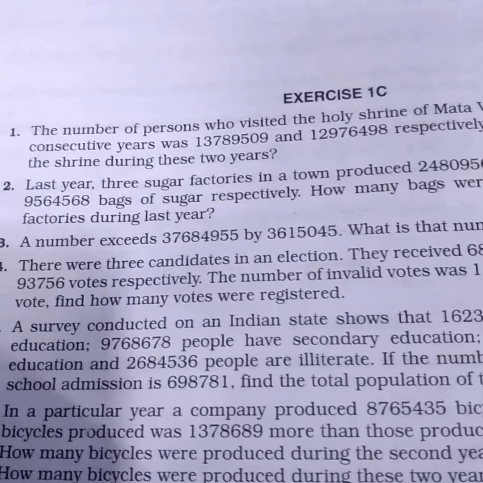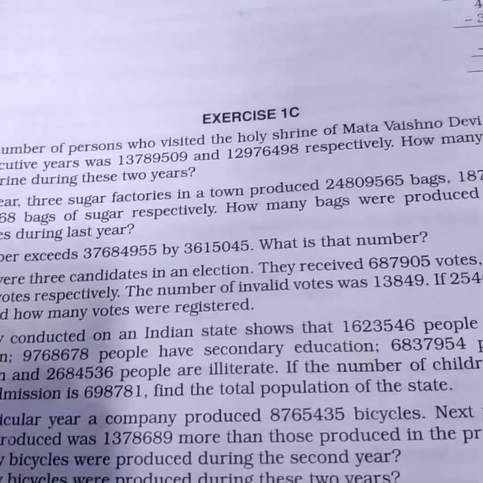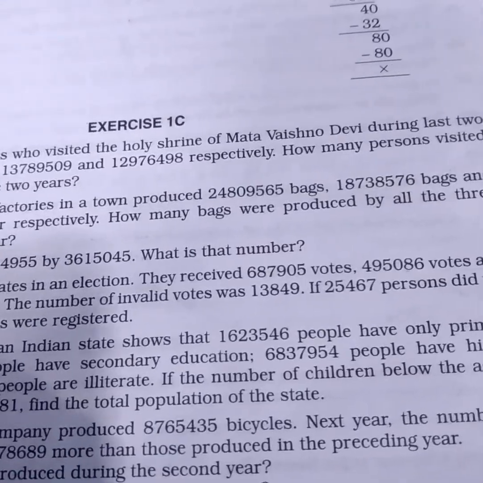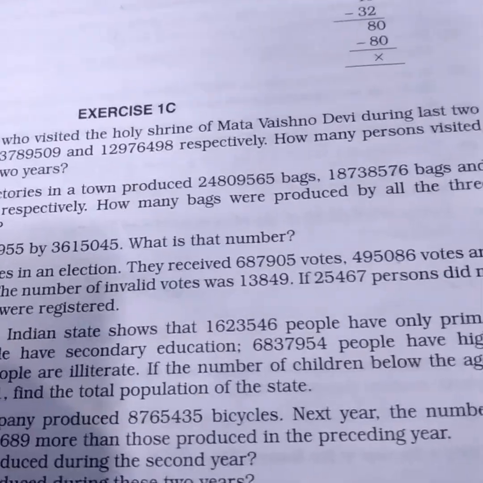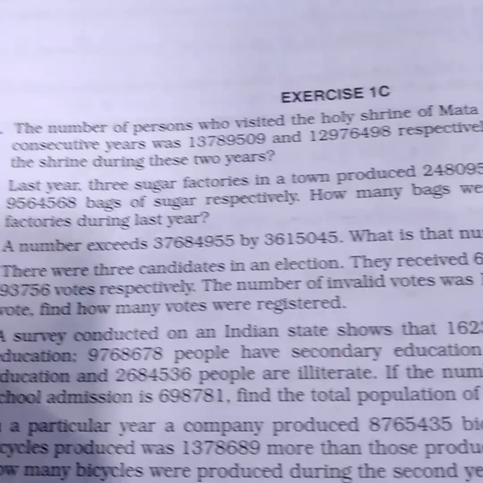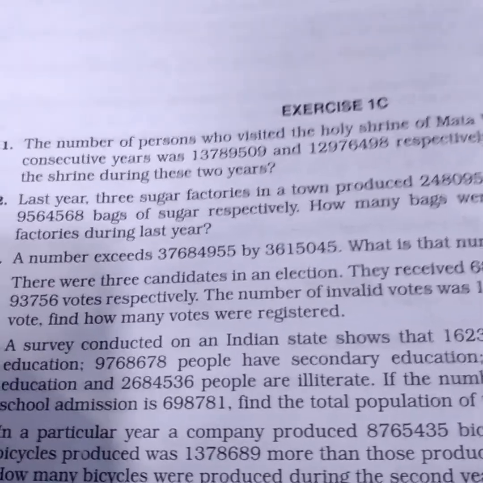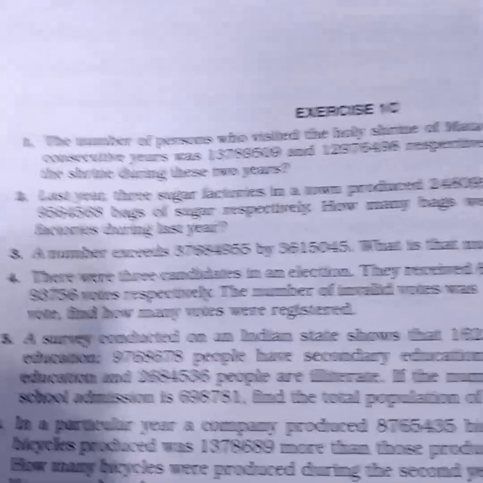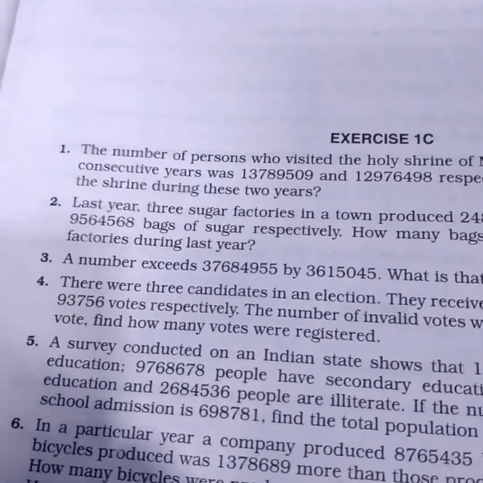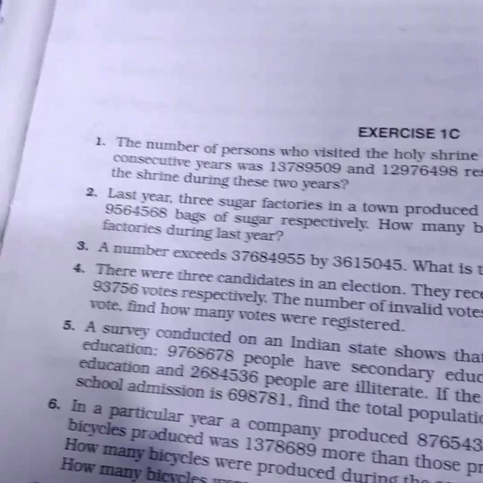The number of invalid votes was 13849. If 25467 persons did not vote, find how many votes were registered. Very simple, children. In this question you have to add all the numbers. You will get your answer.